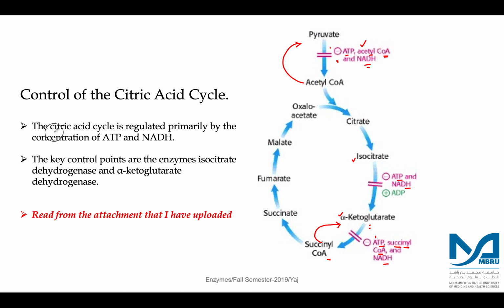So the citric acid cycle is regulated primarily by ATP and NADH, and you can see that in the figure. The key control points are the enzymes isocitrate dehydrogenase and alpha-ketoglutarate dehydrogenase inside the cycle. So once the cycle starts, it is isocitrate dehydrogenase and alpha-ketoglutarate dehydrogenase that are the major regulatory points.